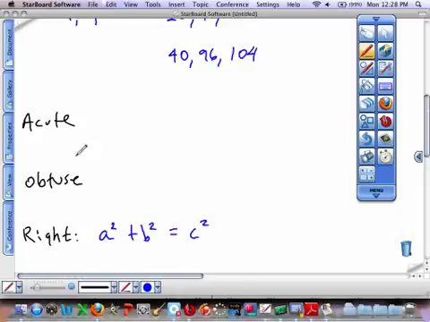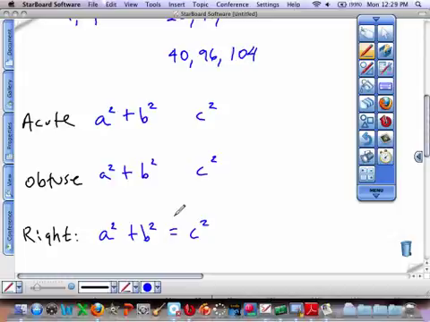Okay, now for an acute and obtuse, it's the same thing. A squared plus b squared, and then compared to c squared. But there's something weird about this. With an acute triangle, a squared plus b squared is greater than c squared.